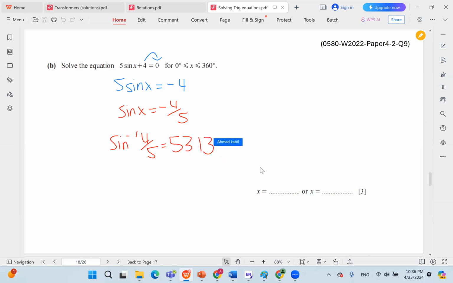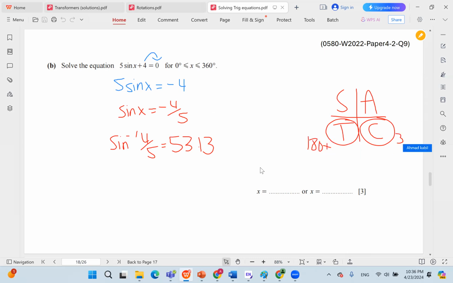And using the asterisk rule, we determine which quadrants to use. So this is sine and negative. So we're actually going to go with T and C, 180 plus and 360 minus. So we're going to do 180 plus 53.13 and 360 minus 53.13.